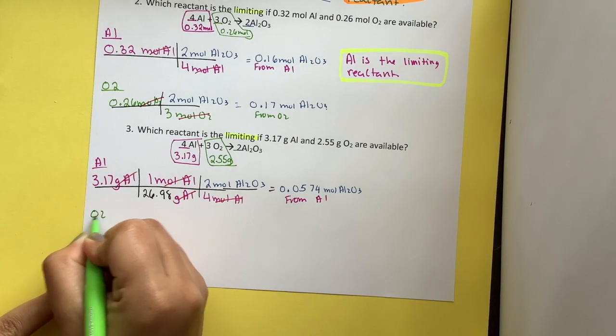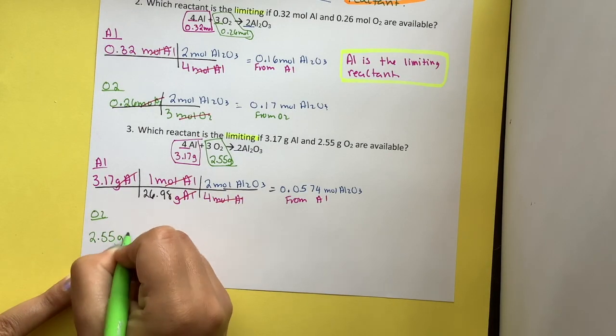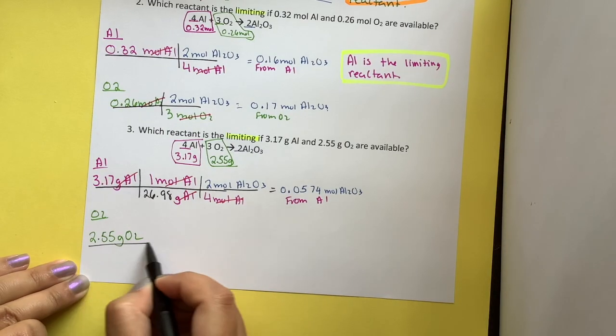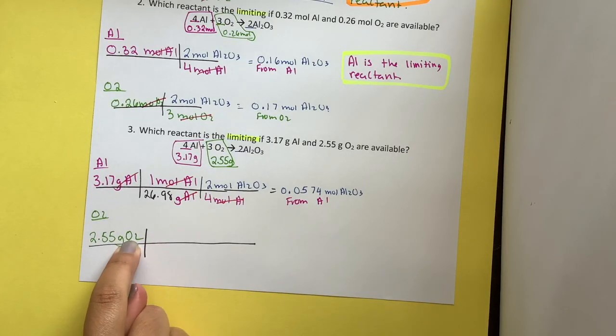Looking at oxygen now, I started with 2.55 grams of oxygen. I need to turn those grams into moles by using the molar mass of O2.